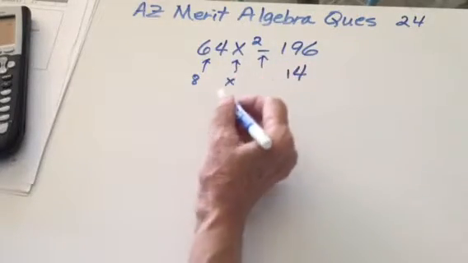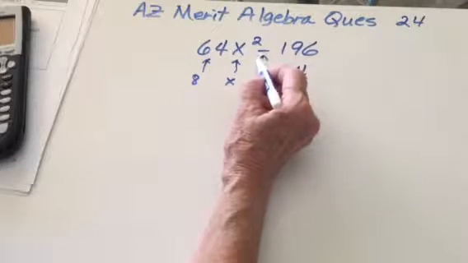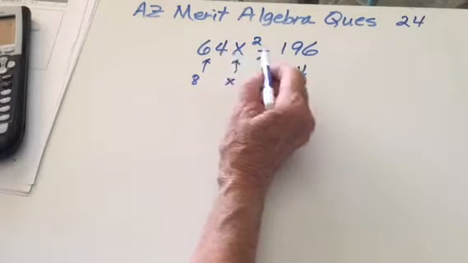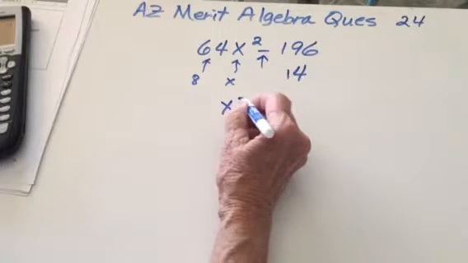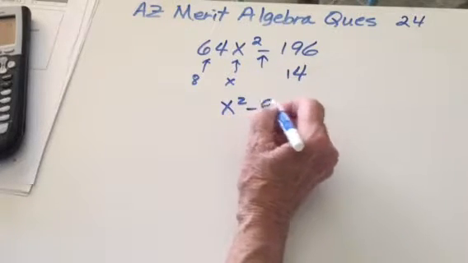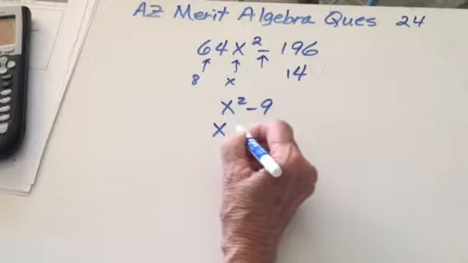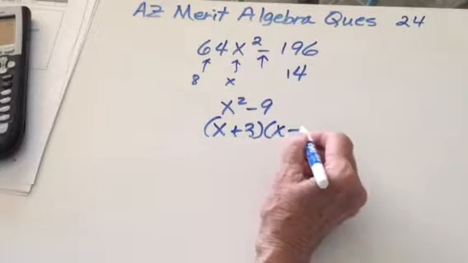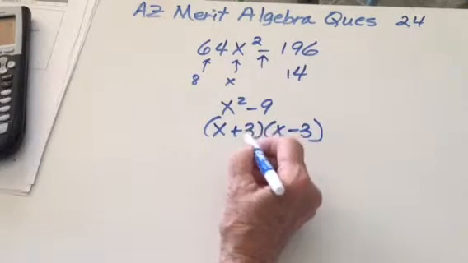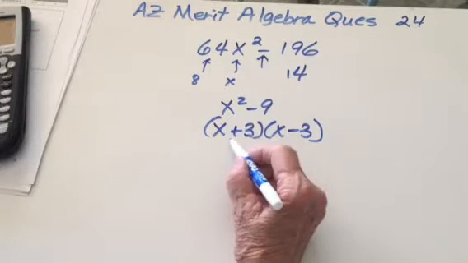So I know that I can rewrite this like this, because when I have the difference of squares, remember, if I say x squared minus 9, to rewrite that, I go x plus 3 times x minus 3. Remember this, the difference of squares? You have to make one positive and one negative for the difference of squares.